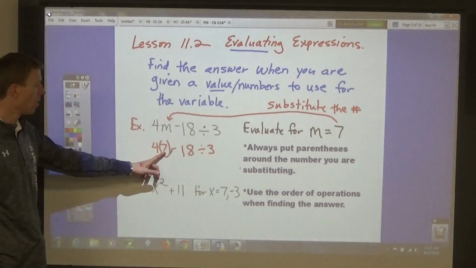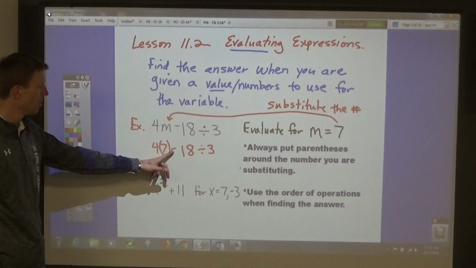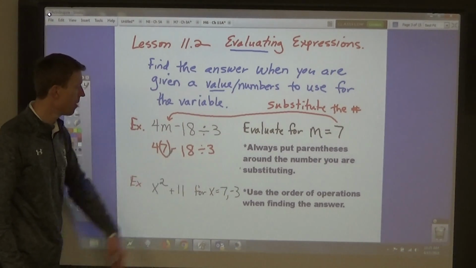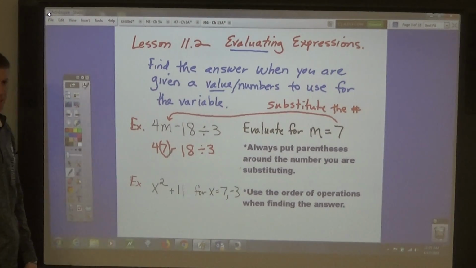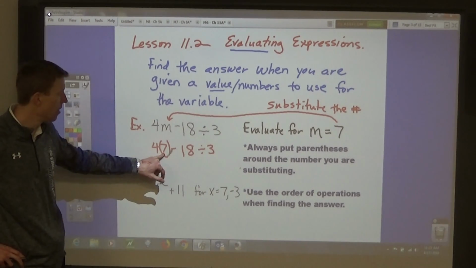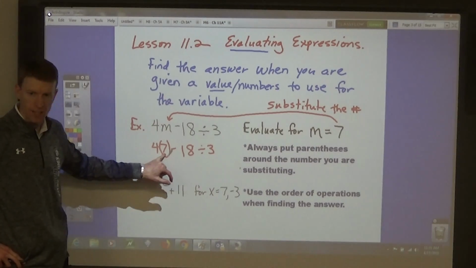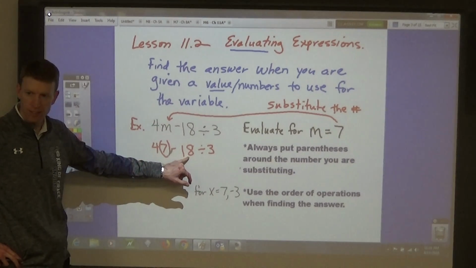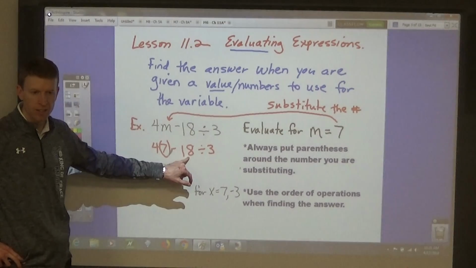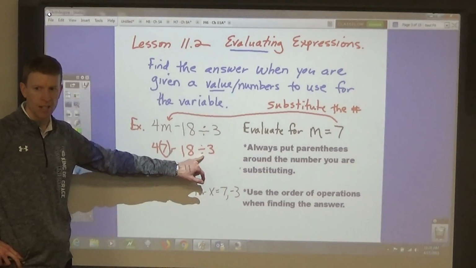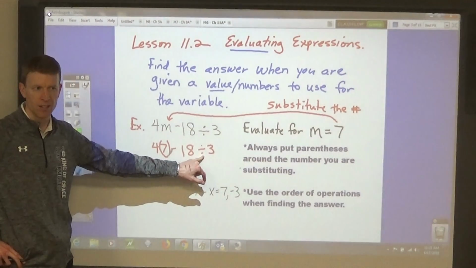So this says 4 times 7 minus 18 divided by 3. Now, what do you have to remember to do in order to evaluate this? Should we just do this in order? 4 times 7 is 28, and then minus 18 is 10, divided by 3.